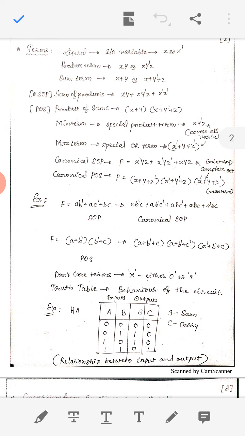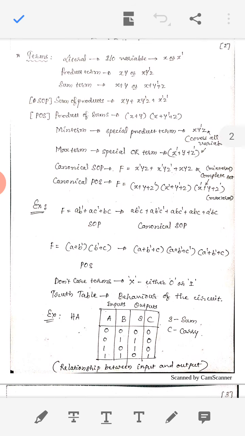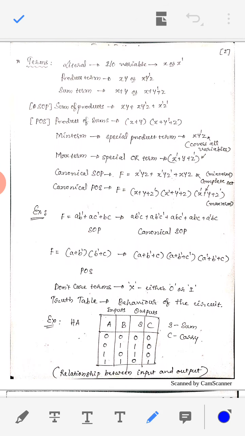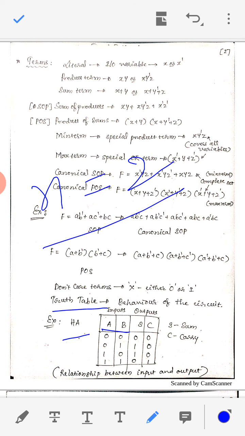Then the truth table. Earlier what I have shown, this is the truth table for the half adder. A, B are the inputs. If there are two inputs, then there are 4 combinations: if n equals 2, then 2 raised to n is 2 raised to 2, which is 4.